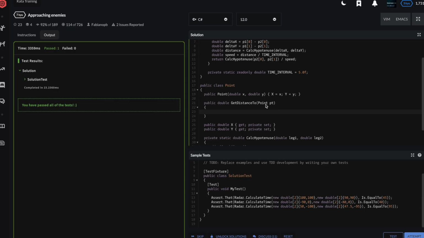And so we can just return our calculateHypotenuse of px. We're saying the point's x value minus this instance's x value, and the point's y. Remember, it's our leg distances, right? Our leg sizes.